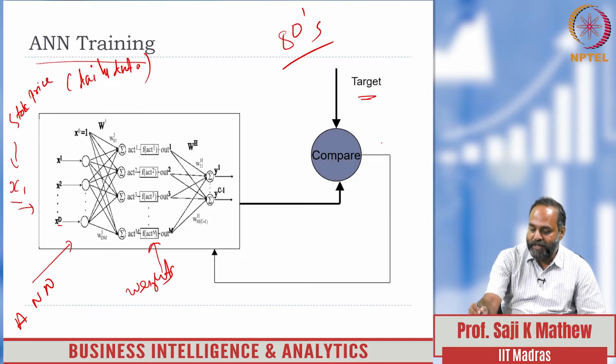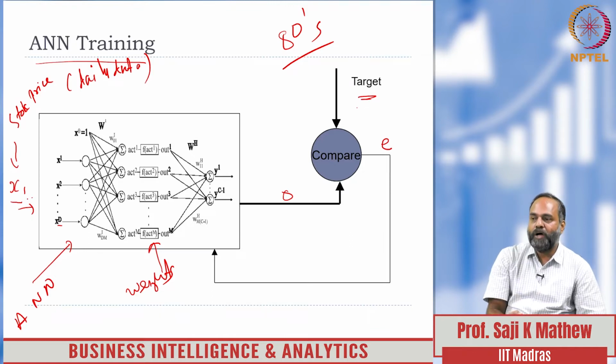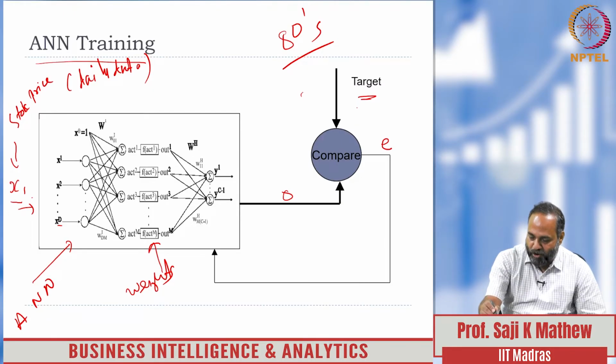There is some error here. What is that error? The neural network will produce some output, and there is some target. What is the target? When I am giving x1 as the input, the target should be the next day's data. Let me call it x2.